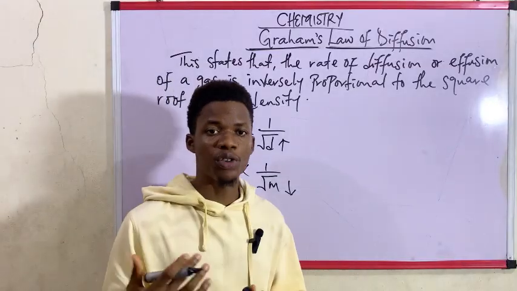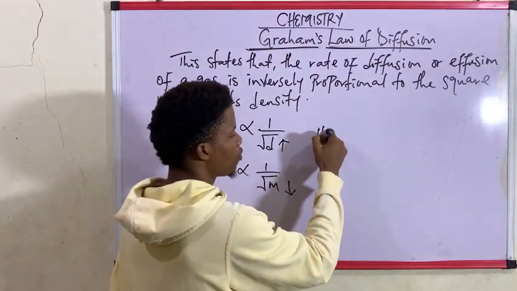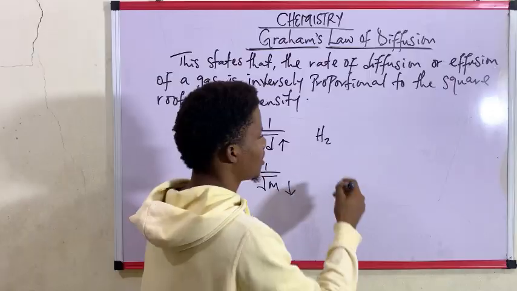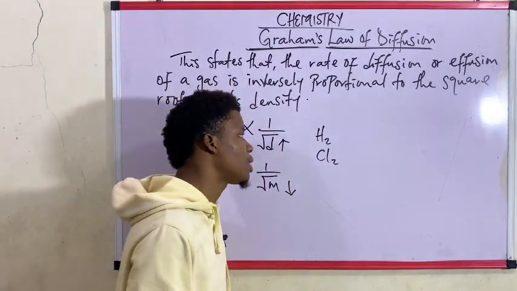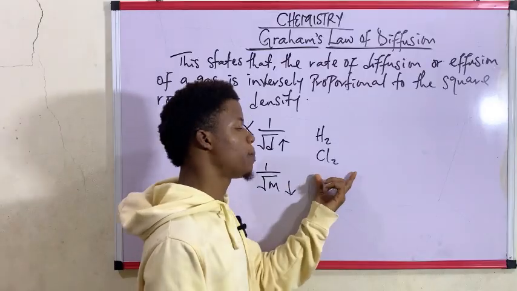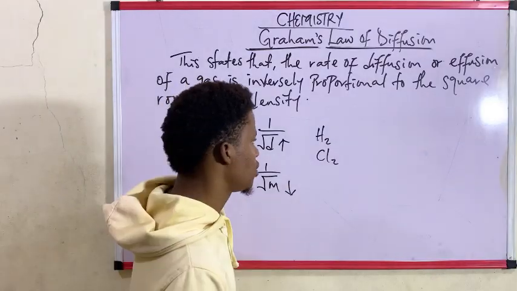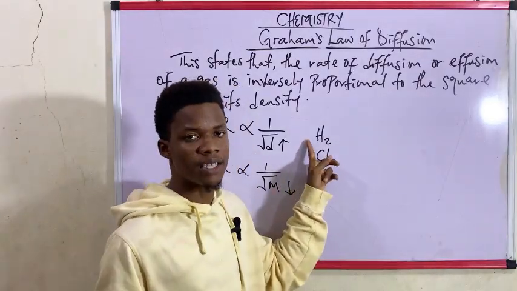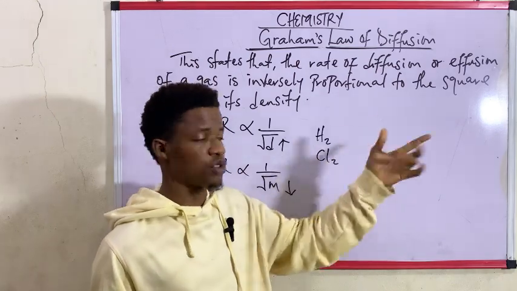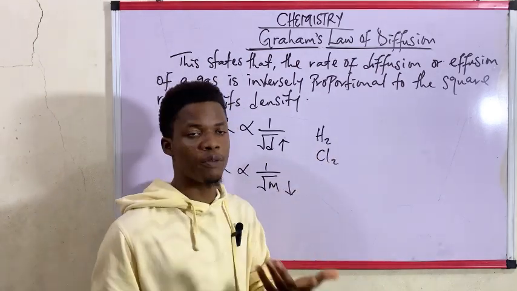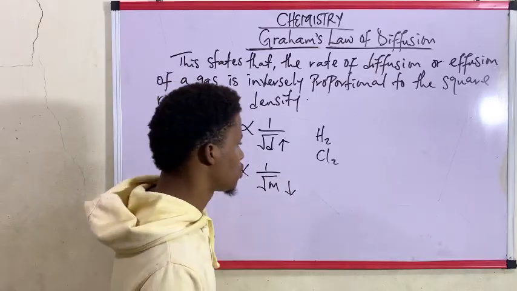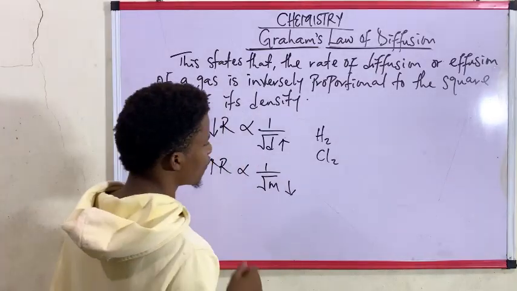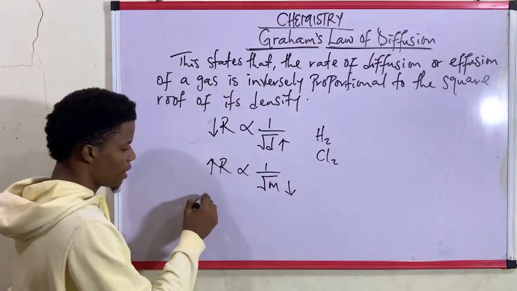That is the reason why hydrogen will diffuse faster than chlorine. Because the molecular mass of hydrogen is small compared to that of chlorine, hydrogen has a higher rate of diffusion, and chlorine has a lower rate of diffusion compared to hydrogen.